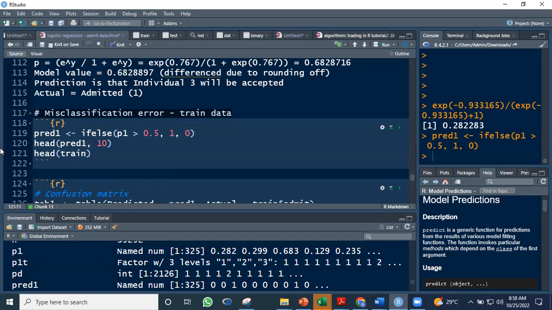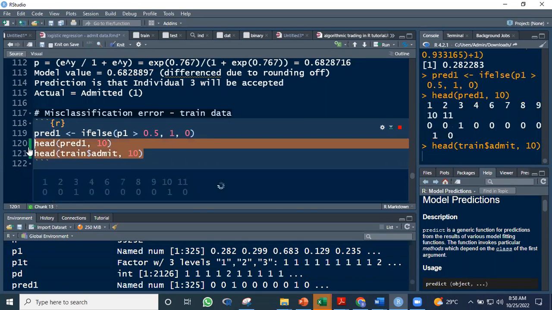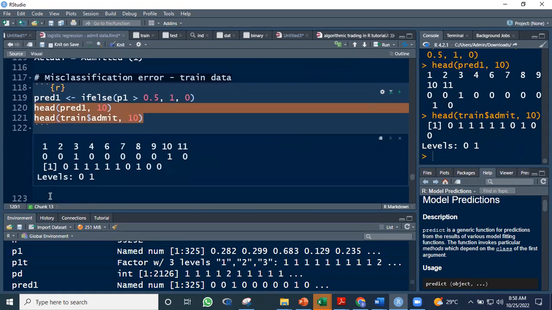Train, admit. Then, okay, let me run this. So here we can see, parang yung kanina, kaso mga zeros or ones ito. No? 0, 1, 1. So may mga tamang prediction, may mga mali prediction.